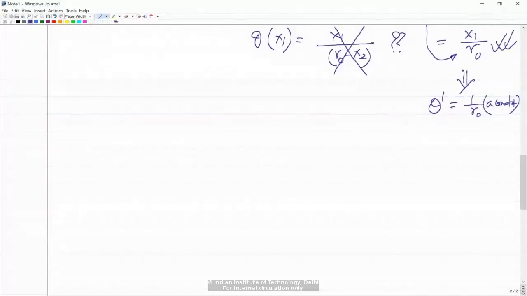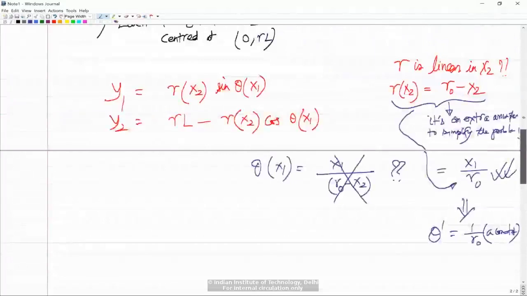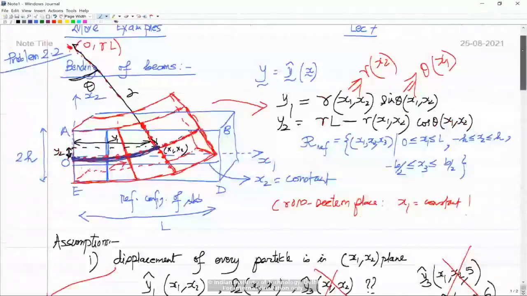Is it okay, Meenal? See, what I'm saying is that in this picture, when the beam is bending, this distance need not remain 2h, because it may very well expand or compress, right? Because you're not applying anything on it, so it's a free expansion in those directions.